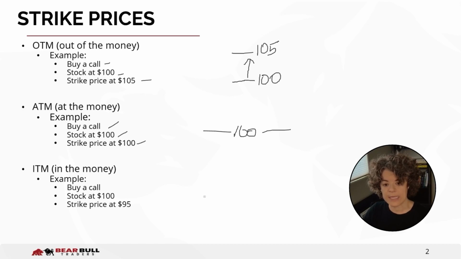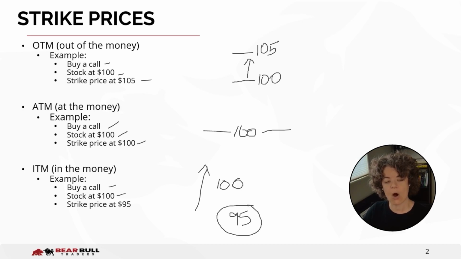Now, in the money can be confusing for some people because the term sometimes makes people think that your P&L is in the money. This is not what in the money means. What in the money means is if you buy a call and the stock is at $100, same scenario, and the strike price of the call that you buy is down here at 95, and you're looking for the stock to go up, then this contract down here is already in the money.